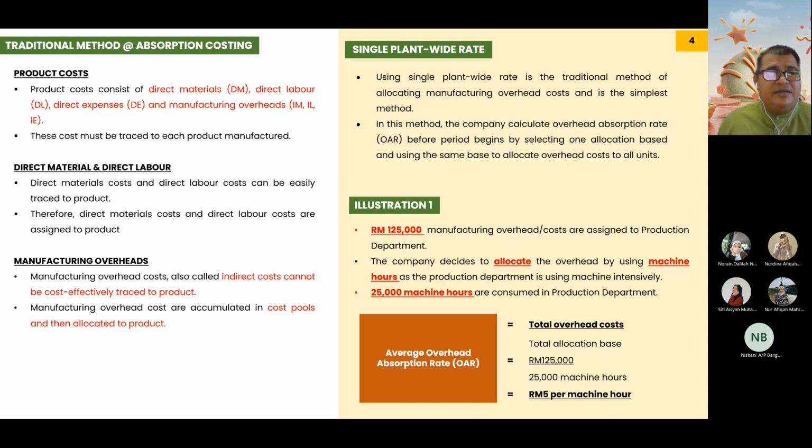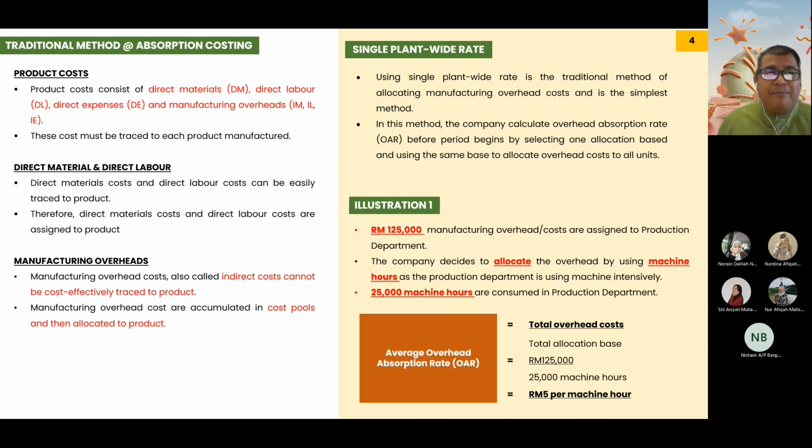sama juga dalam chapter 2 and 3, we are still using the product cost and period cost. Okay, product cost consists of direct material, direct labor, direct expenses, and manufacturing overhead.